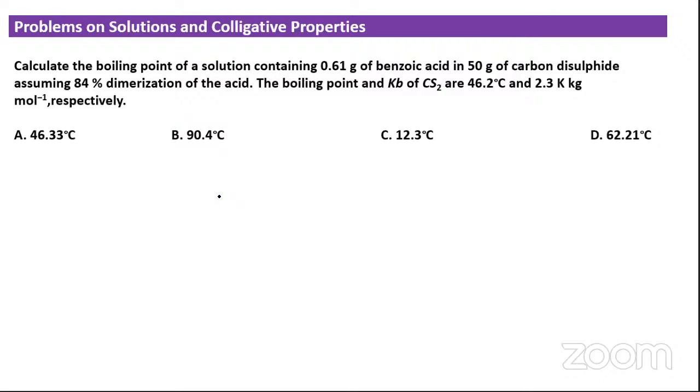Using this degree of association given, that is 84%, find the value of i. और i की value once you know, delta Tb is equal to i Kb into molality. ठीक है, molality के लिए आपको weight of solute is given, weight of solvent is given, everything else is just given, you have to just put it in the formula and tell the answer. Do it quickly.